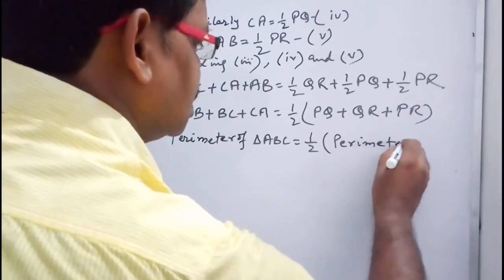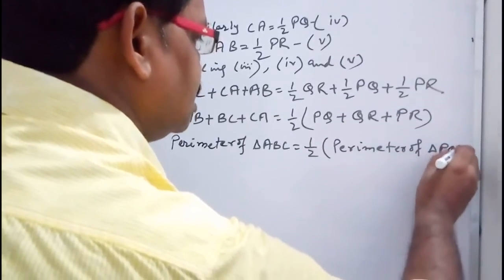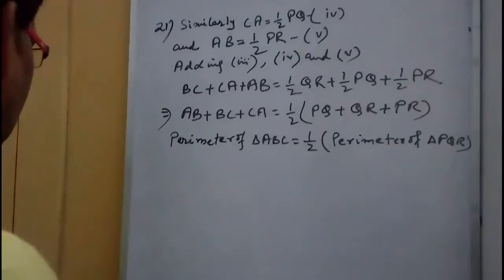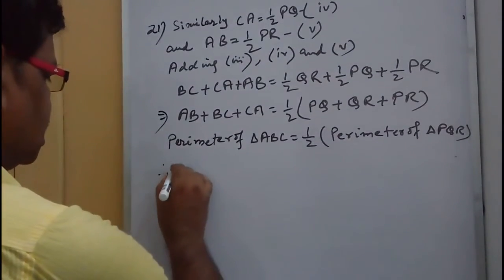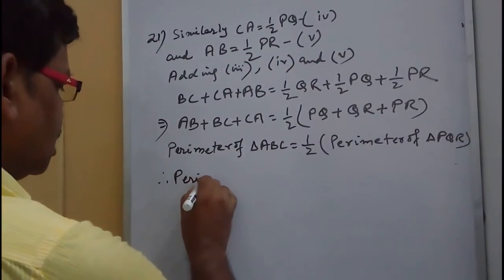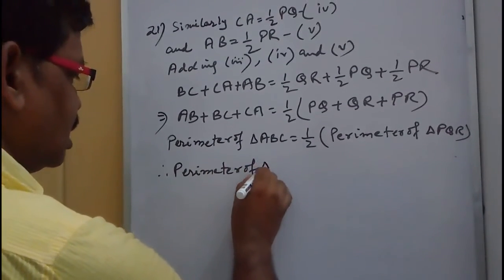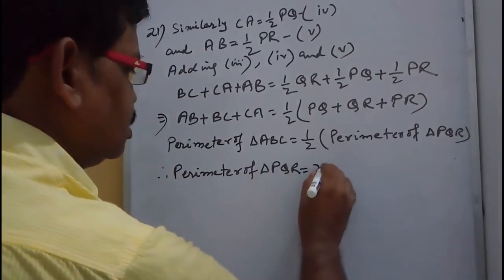Perimeter of triangle PQR equal to 2 into perimeter of triangle ABC.